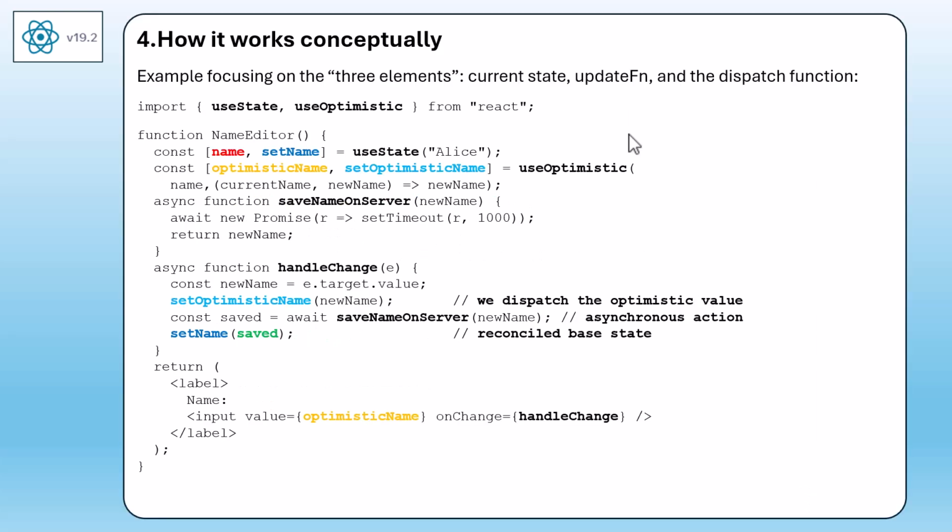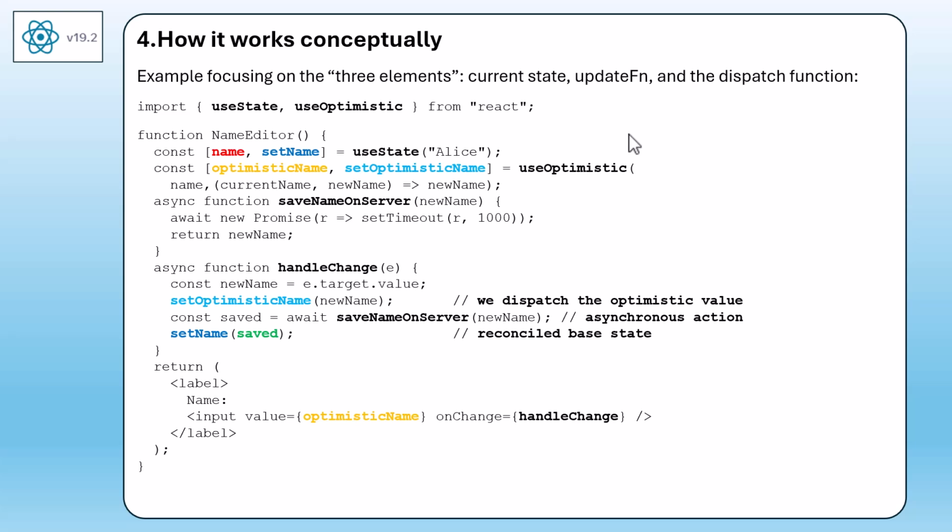4. How it works conceptually. At its core, useOptimistic takes three elements: the current state value, an update function, sometimes called updateFn, and a way to dispatch or trigger the optimistic update. The update function describes how to transition from the current state to the optimistic state given some optimistic value, for instance, the new message text, or the liked flag.